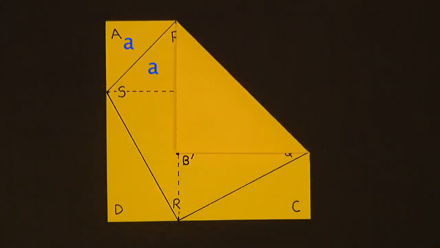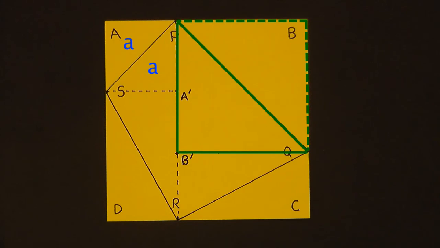Using the same idea, I can locate point B dash, which is also on line PR, and I can say for sure that the area of triangle PBQ is equal to the area of triangle PB'Q, as they too are the same triangle.